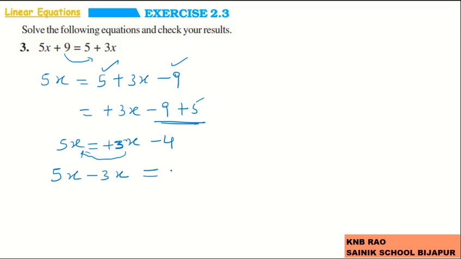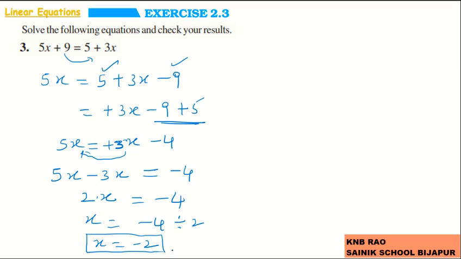So, 5x minus 3x equals minus 4, which remains as it is here. So, 5x minus 3x is 2x, 2x equals minus 4, 2 is multiplying here. If it comes this side, it does division. So, x equals minus 2 is the solution.